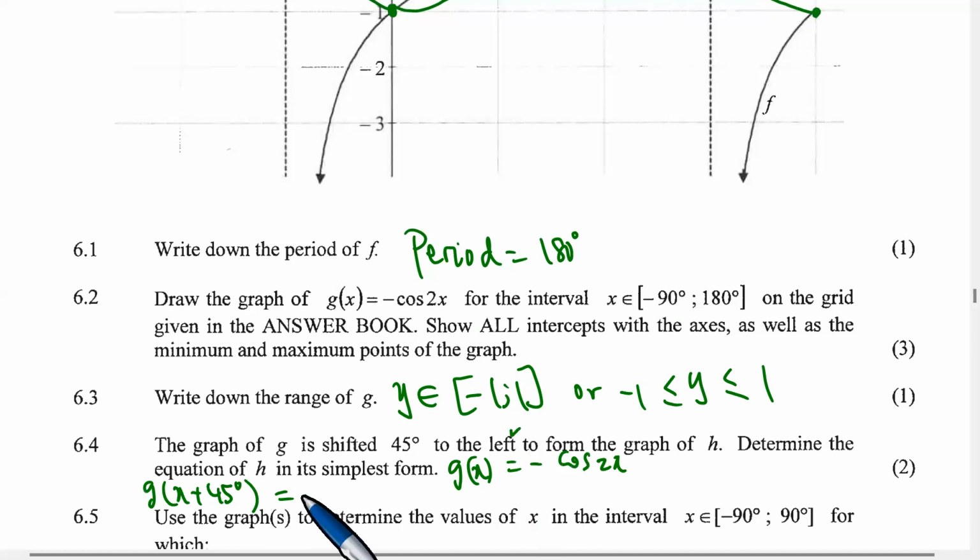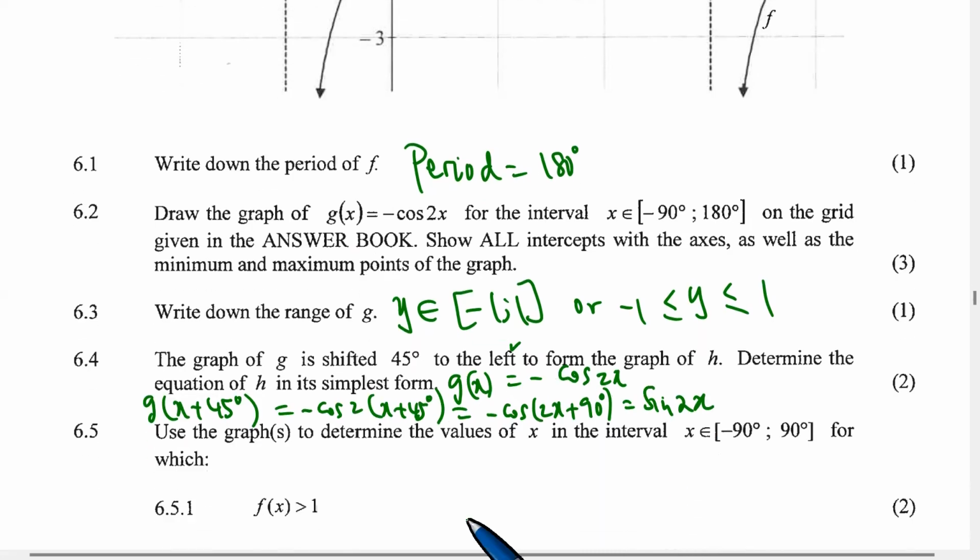So 2 into the x becomes x plus 45 degrees, which is minus cosine of 2x plus 90 degrees. The 90 plus is in which quadrant? It is in the second quadrant, in which the cosine is negative, but it changes to its cofunction, so it becomes sine 2x.